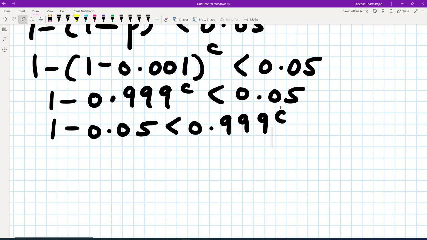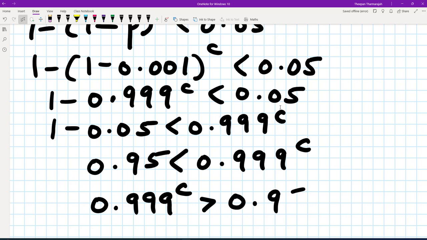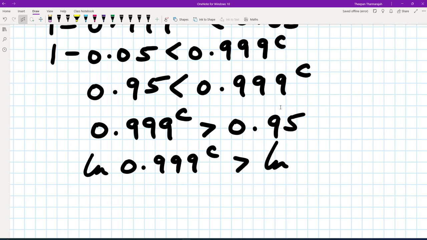So we're saying 0.95 is less than 0.999 raised to the power of c. In other words, 0.999 raised to the power of c is strictly greater than 0.95. Then we do ln: c ln 0.999 is strictly greater than ln 0.95.